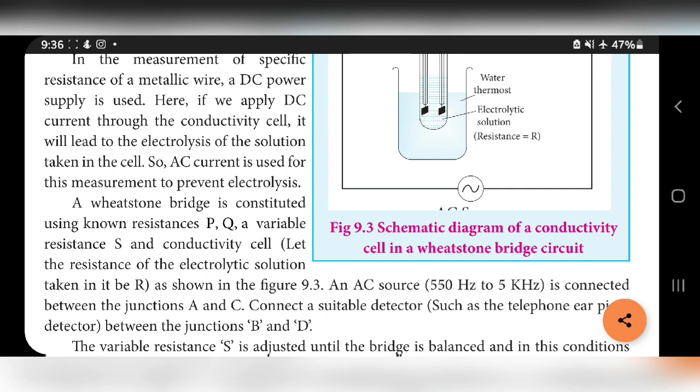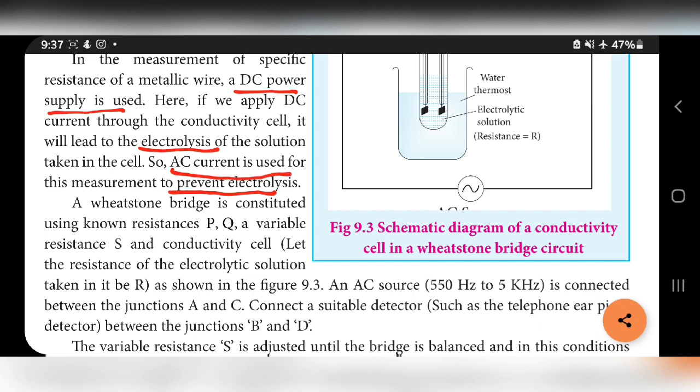Here, if we apply DC current through the conductivity cell, it will lead to electrolysis of the solution. So AC current is used for this measurement to prevent electrolysis.